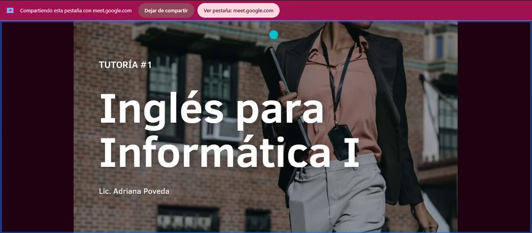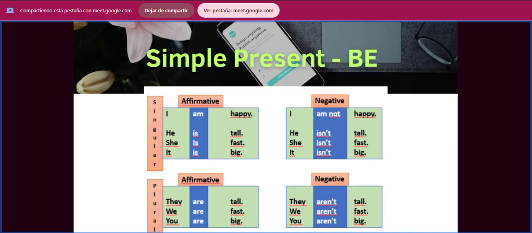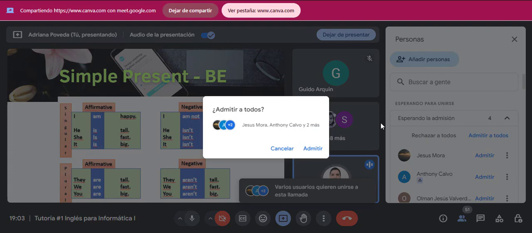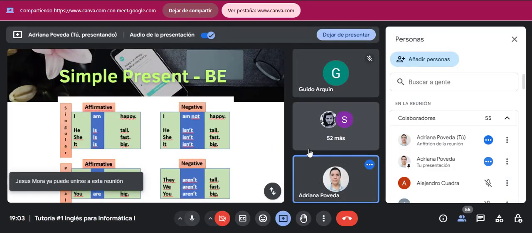Today we'll go over two of the main grammatical topics that you will need for the first parts of the course. So let's start with the simple present. First, we'll go over the verb to be and the different elements that we need to consider on the simple present.